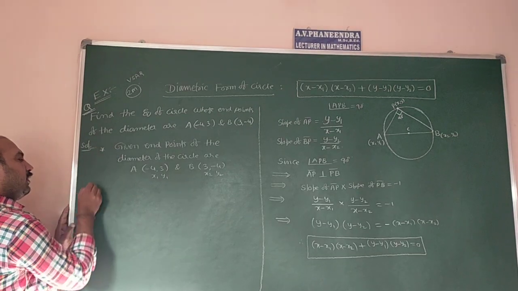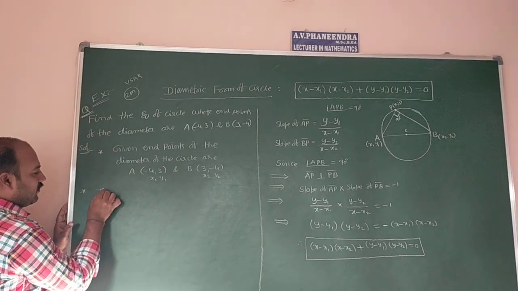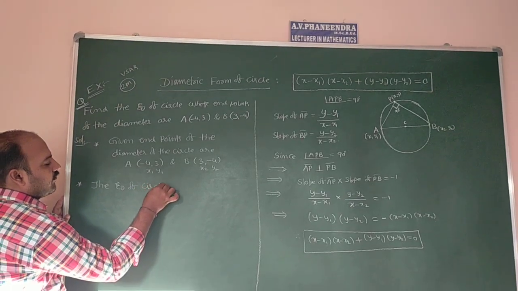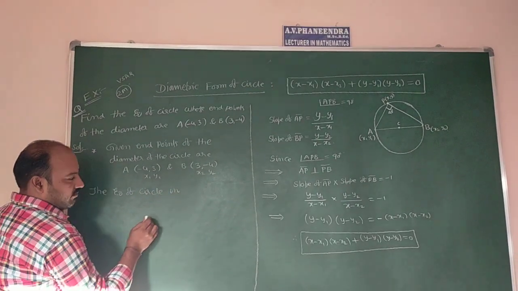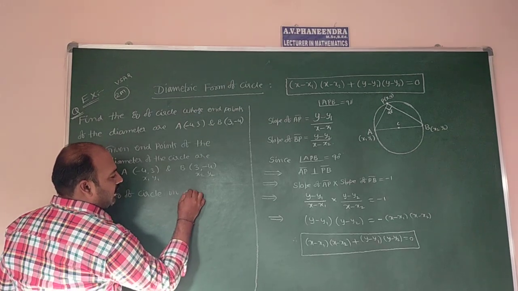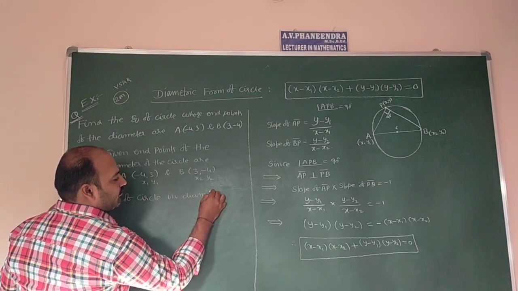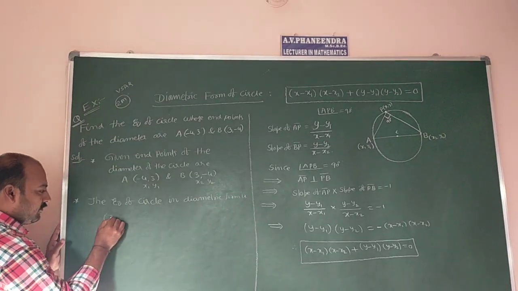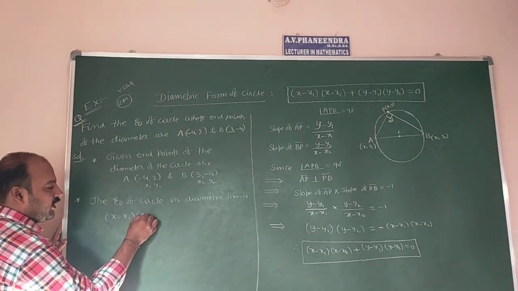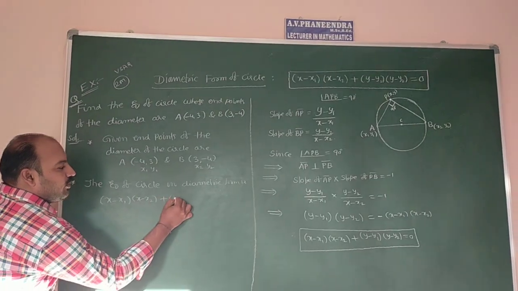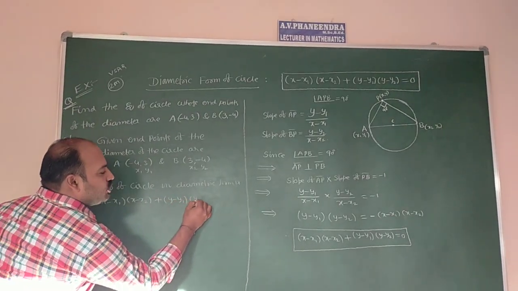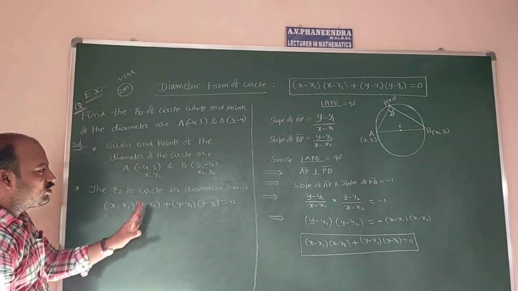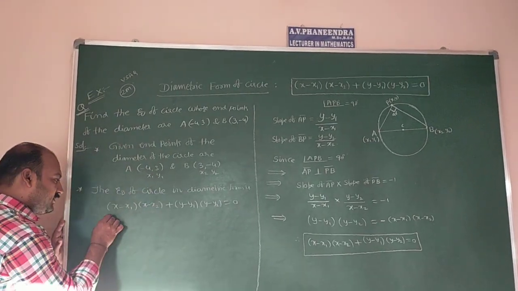In the next step, the equation of the circle in diametric form is x minus x1 into x minus x2 plus y minus y1 into y minus y2 equal to 0. Substitute the respective values of x1, y1, x2, y2 in this.